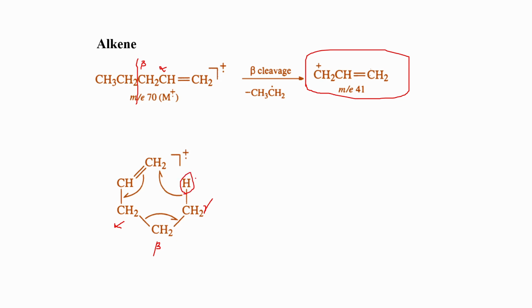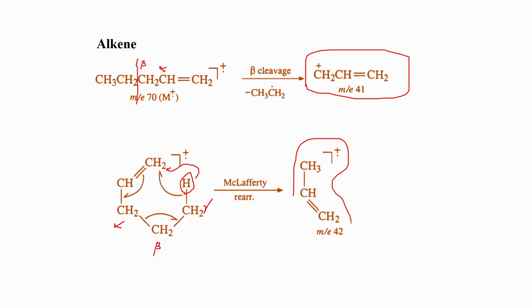Then this gamma hydrogen is abstracted by the unsaturated carbon atom, and bond rearrangement takes place to form a radical cation and a neutral alkene molecule, usually ethene.